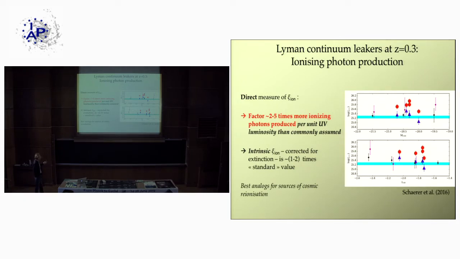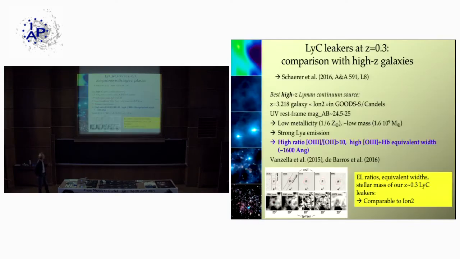This can be easily understood by the fact that our galaxies contain mostly fairly young stellar populations which emit more ionizing photons per UV. If this was typical of all the galaxies, of course it would make life a bit easier to explain cosmic reionization. But we don't know yet whether this is typical for the high-z galaxies, of course.